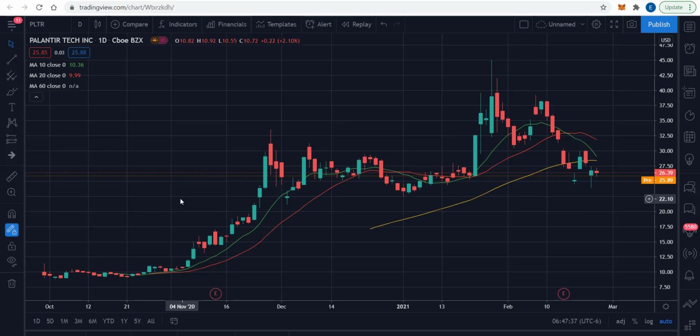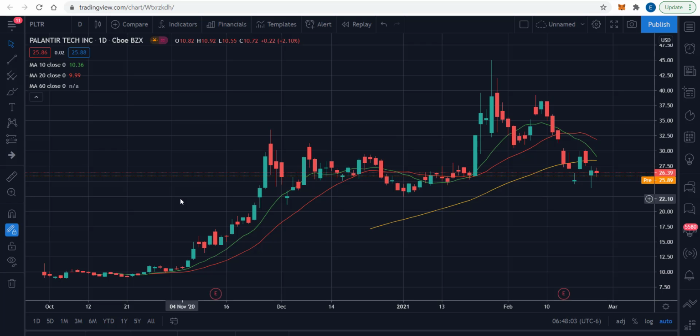And you can see the stock has barely been trading long enough to have a 60-day. From this perspective, right off the bat, with the 10, the 20, and the 60, I would put this stock from a moving average perspective in what I would call the confusion mode.